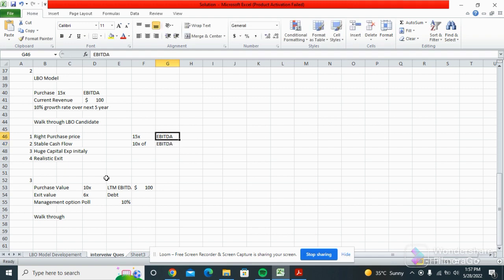So it would not be a suitable LBO candidate for us, because the company after the cash flows is not earning as much as we need.